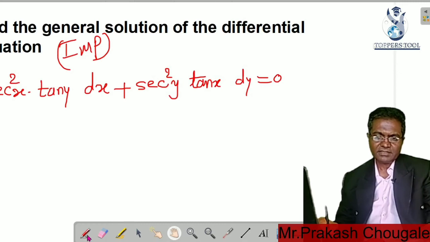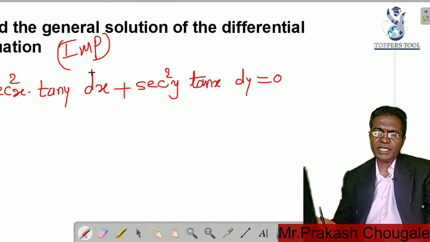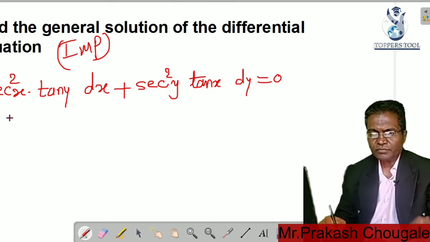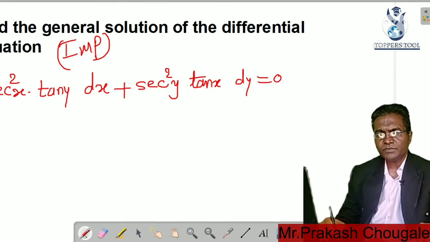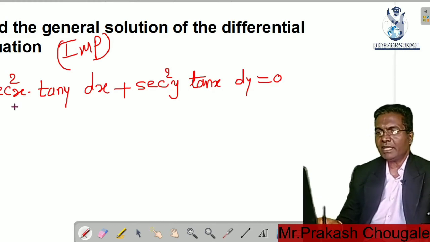Okay, now think, along with dx we must have only a function of x, and along with dy we must have a function of y. Here, with dx we have tan y, with dy we have tan x. So we don't want that. So first what I do, it depends. You can do it by dividing by tan y tan x, or I will show you.